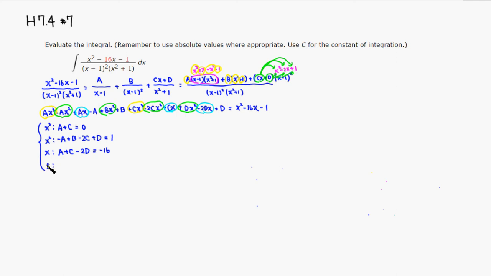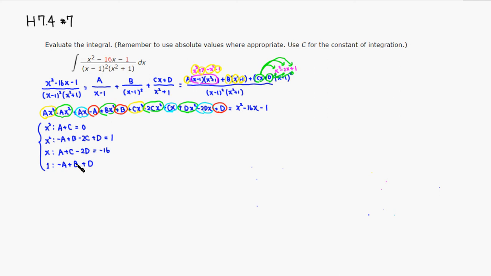Lastly, this is the constant term. There's a negative a, a positive b, and a positive d. So we have negative a plus b plus d.